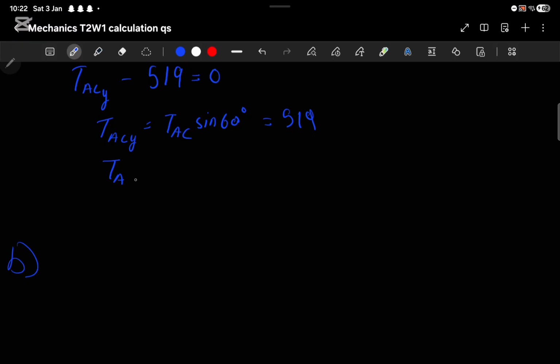Okay, so TAC is going to be 519 over sine 60, which is 599.28, or 600. Knowing them, they're going to round to 600, even though 599 should be the answer. I remember in the question they rounded to 600. It doesn't make sense. It's 599.3 and should have been left at 599.3. Doesn't matter.